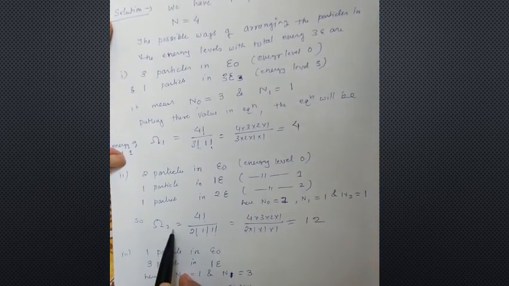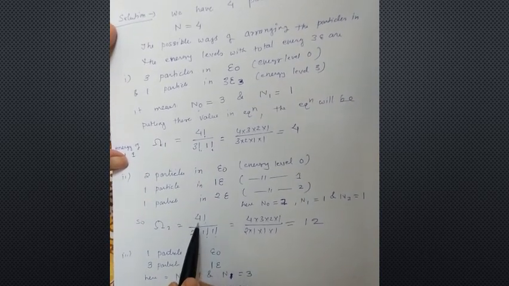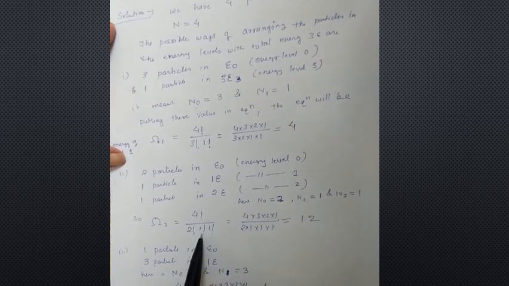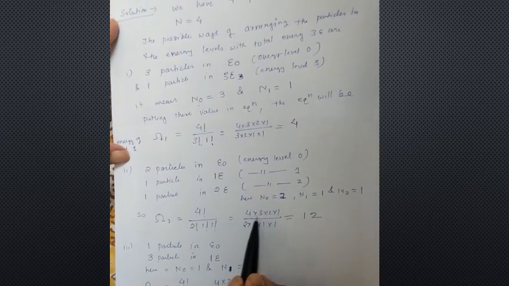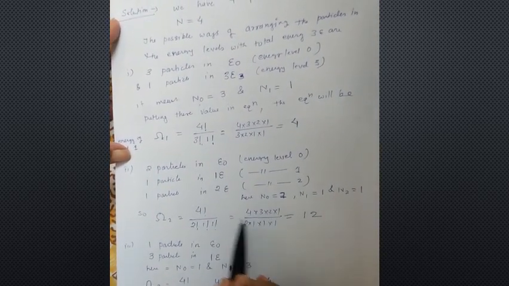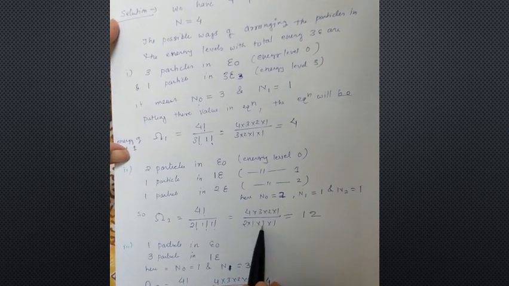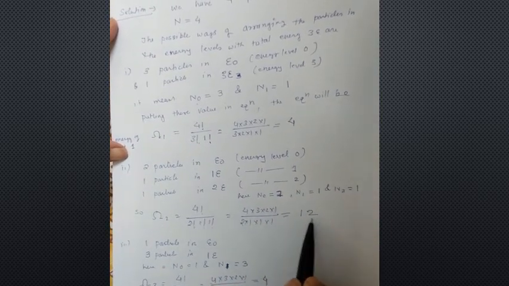So W2 will be given by the equation factorial 4 upon factorial 2 into factorial 1 into factorial 1. To solve this, the equation will be 4 into 3 into 2 into 1 upon 2 into 1 into 1 into 1, which is equal to 12.